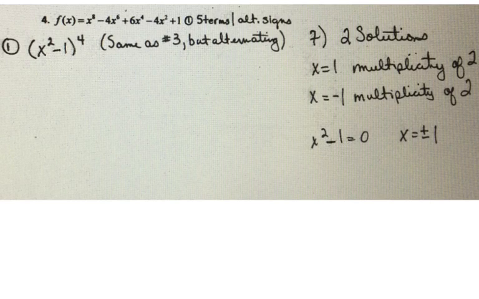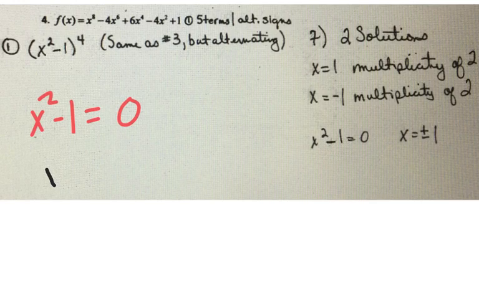I don't think this answer's right. I think both these should be multiplicities of 4. Nope, I'm wrong. Okay, so let's work out the end. If I've got x squared minus 1 equals 0, each one of these roots is going to happen 4 times.